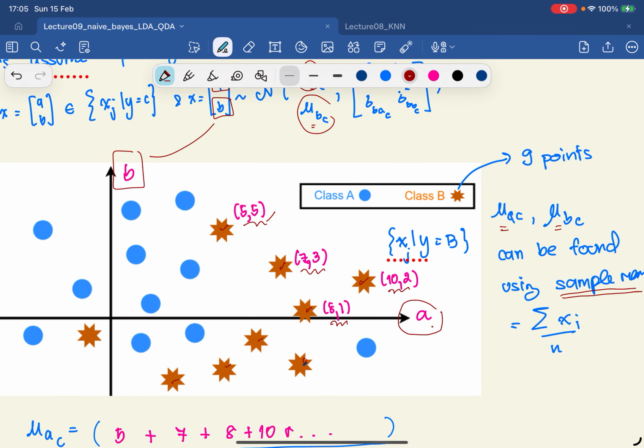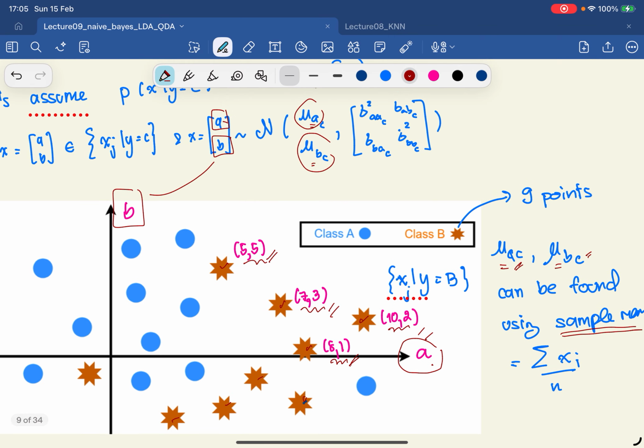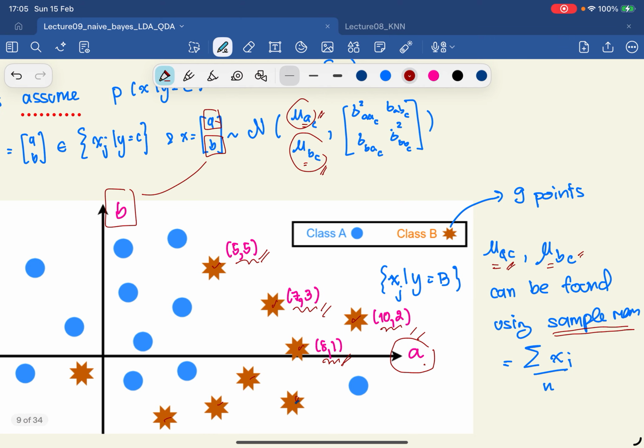You can use these coordinate points to compute mu AC and mu BC, and you can do that by using just the sample mean. We already know the sample mean can be used to approximate the mean of a Gaussian distribution. And in fact, you can also use the sample variance to approximate the variance of a Gaussian distribution as well.